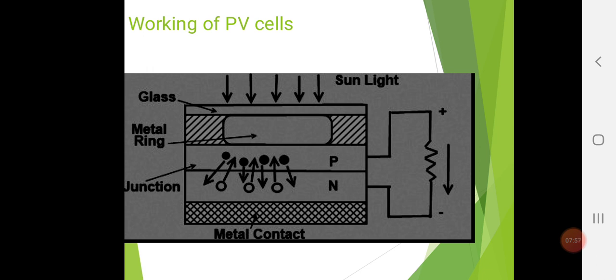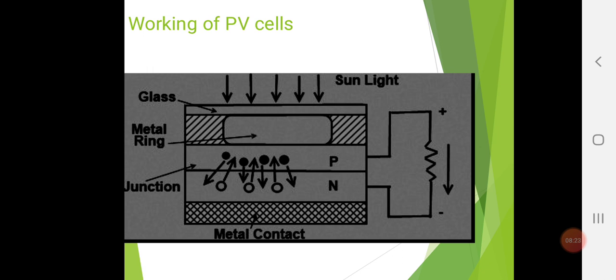This process continues, involving flow of electrons to holes in the PV cell, creating a potential difference at the PN junction. Hence, current is generated at the junction. The electric field is thus created at the junction. So this is the overall working of your PV cells.